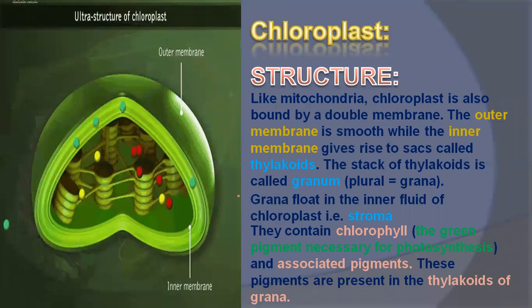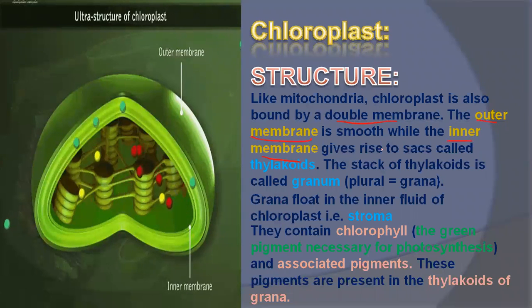If we see here one by one, this is the structure of the chloroplast, because this is very important indeed. It is the main structure required for photosynthesis in every photosynthetic or green plant. Like mitochondria, it is also a double membrane bounded structure. The outer membrane is smooth like in mitochondria, and the inner membrane also has some different structures.